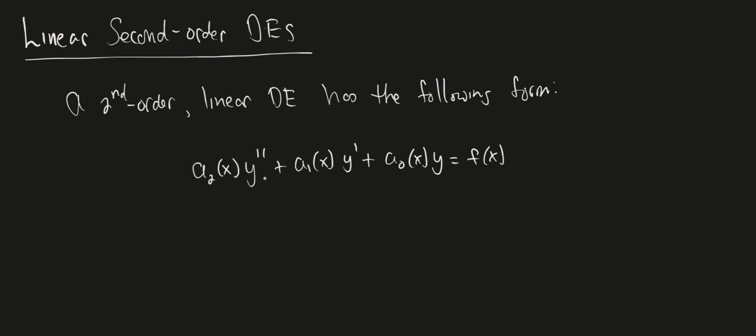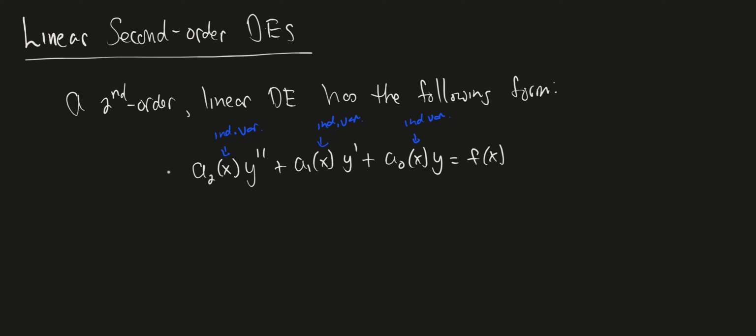So for instance, they can't be squared, or I can't take the square root of one of these, or I can't have the sine of y, for instance, right? But what I am allowed to do is multiply by coefficients that involve the independent variable x, right? So there's our independent variable, again independent variable, and then here independent variable, right? So that's the most we can do.